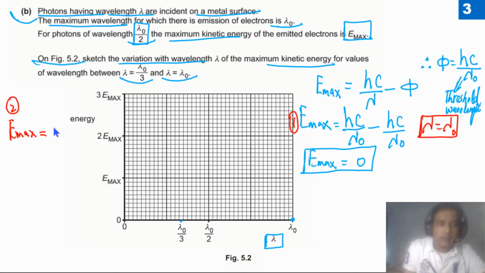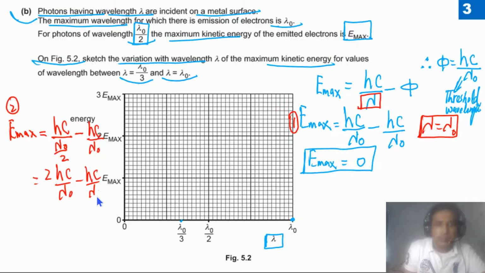E max is equal to hc over lambda. Now we need to replace this lambda with lambda naught by 2, minus hc over lambda naught. If we rearrange, this is 2hc over lambda naught minus hc over lambda naught.